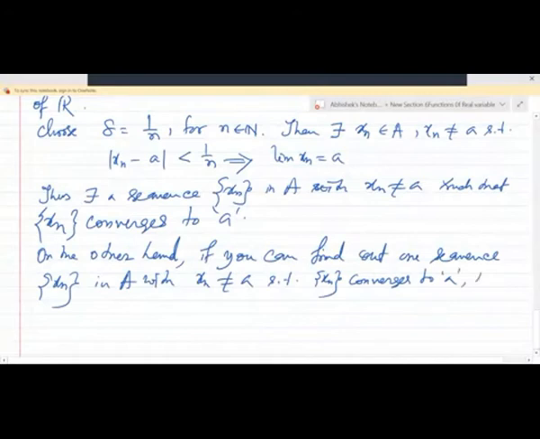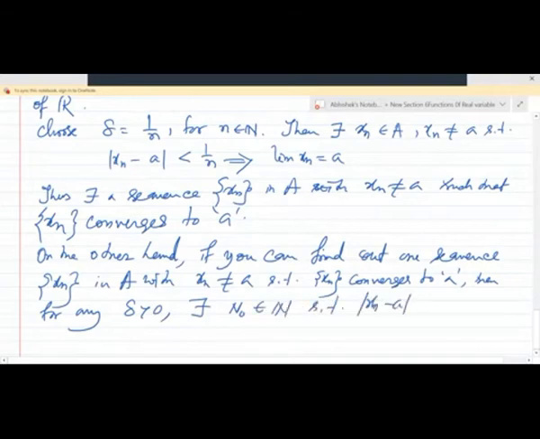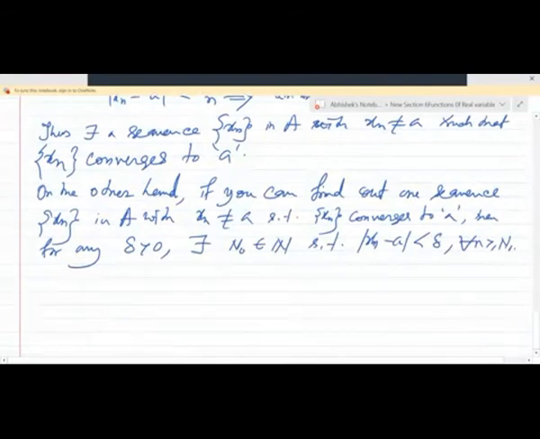Using the definition of convergence of a sequence to a real number, for any delta greater than 0, you can find a natural number n naught such that mod of xn minus a is less than delta for all n greater or equal to n naught.